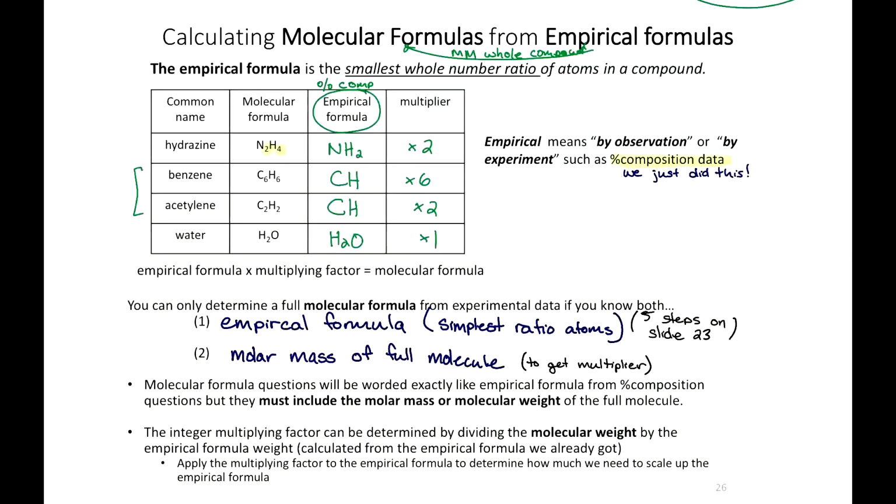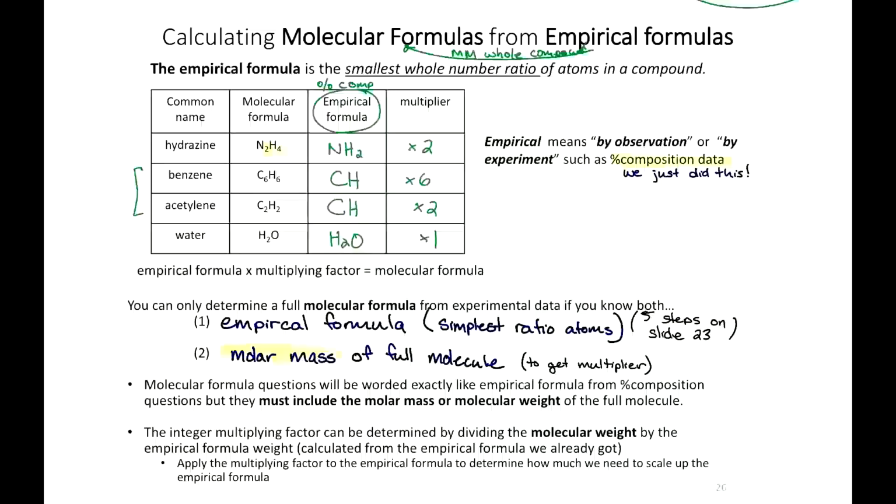So if you have a more complex molecule and you want to figure out its full formula, you also need its full molar mass. Because if you know how much the whole molecule weighs, and you know the empirical formula, you can figure out how many empirical formula units go into that full molecule. You can figure out what the multiplier is, all right?